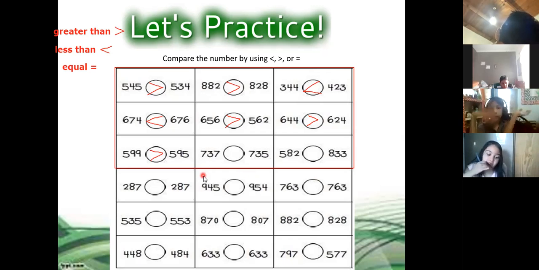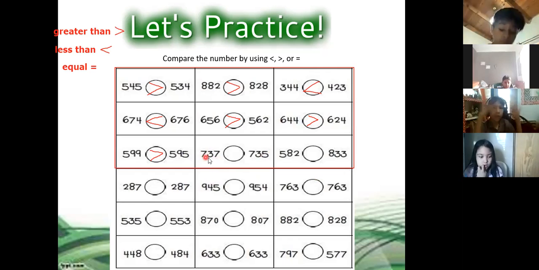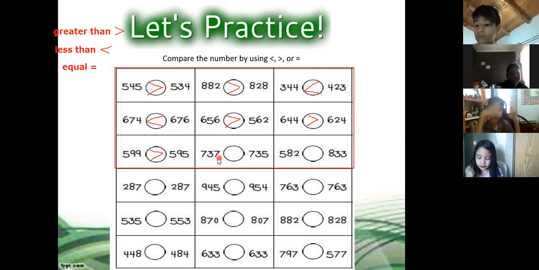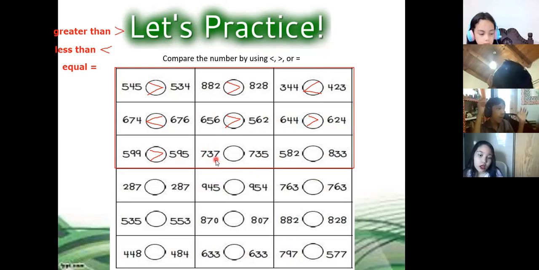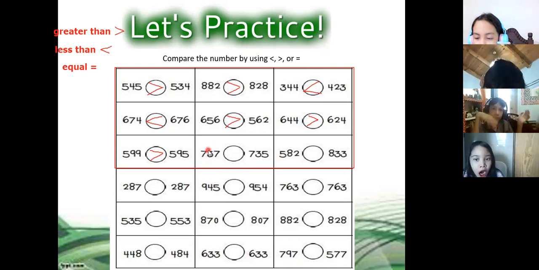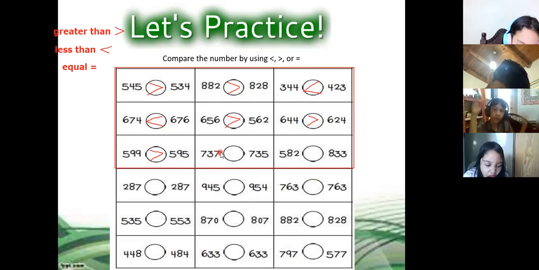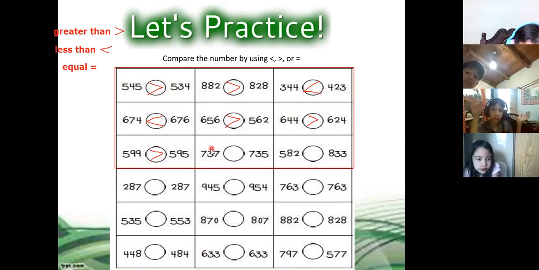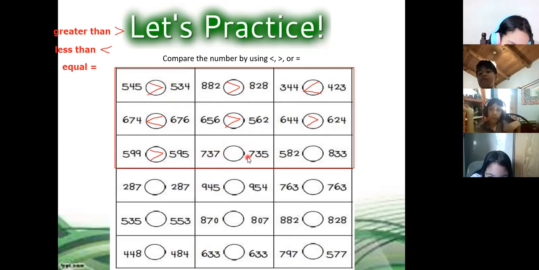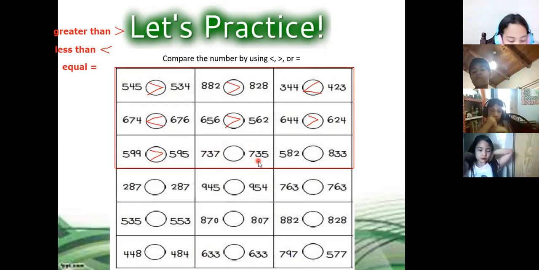Santiago Hernandez, read these two numbers, please. How do you read this number? 700. 37. 37, that's right. How do you read this number? 735.